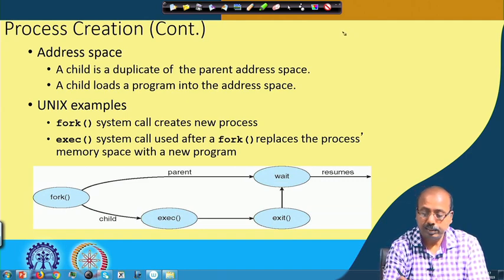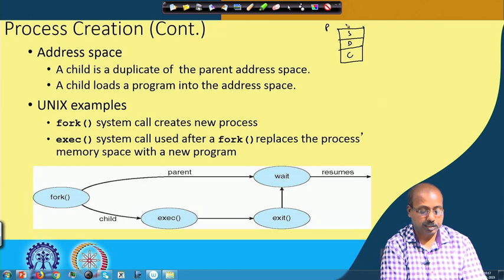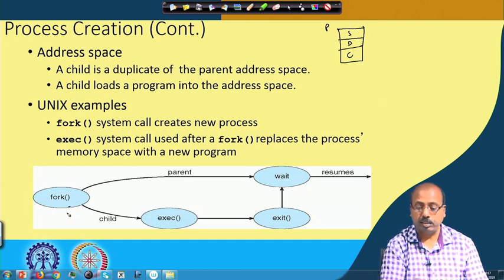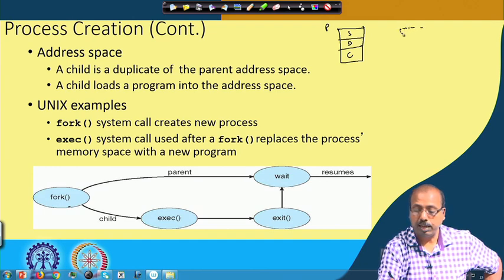What has happened is that the parent has some code, data and stack segments. This is the parent process, and this parent process has executed a fork statement. After the fork, the child process that is created will also have code, data and stack segments.